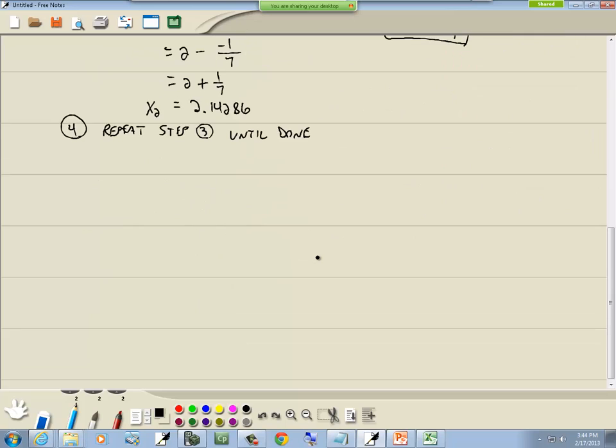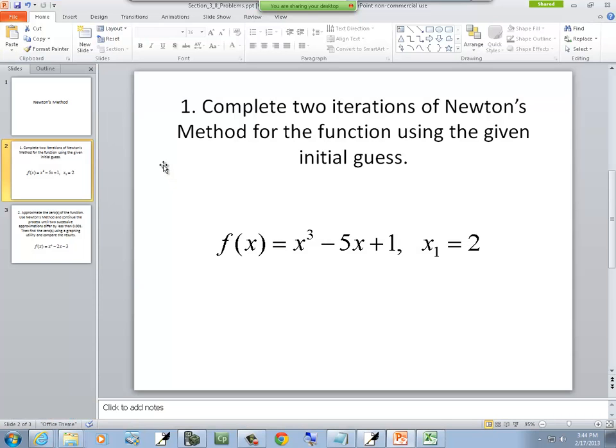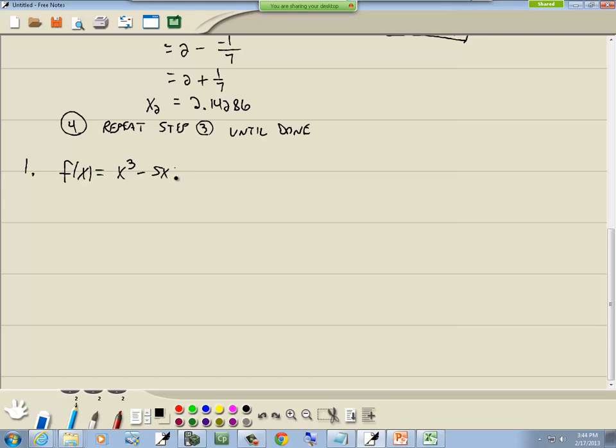We come down here, and we got f of x is equal to x to the third minus 5x plus 1. And our derivative is 3x squared minus 5.